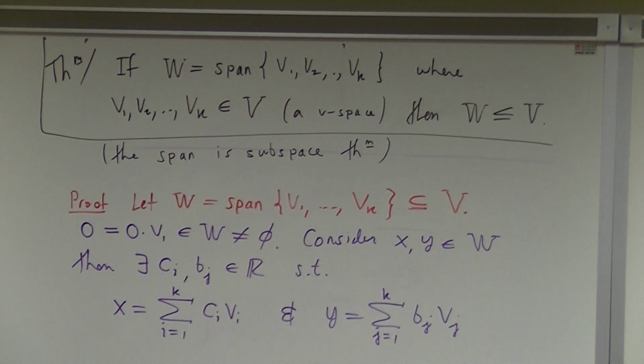That's the definition of the span: if x and y are in the span, I form them from a linear combination of the vectors that form the span. Okay? Now what do I have to do? Use the subspace theorem. Just check that a linear combination of these linear combinations is once more a linear combination.